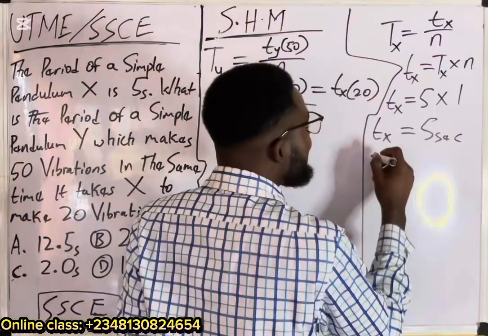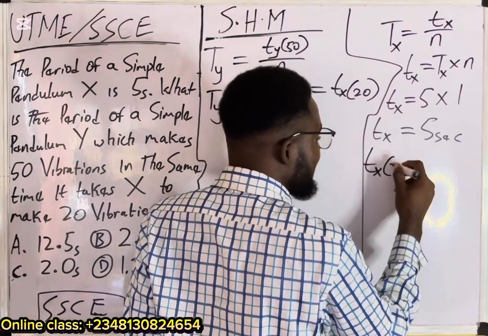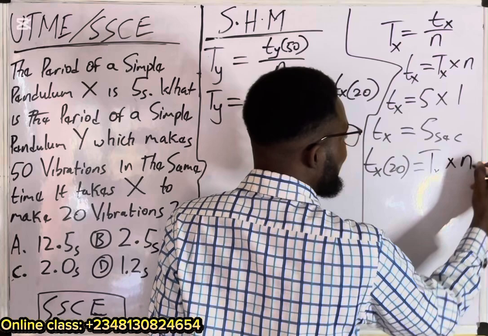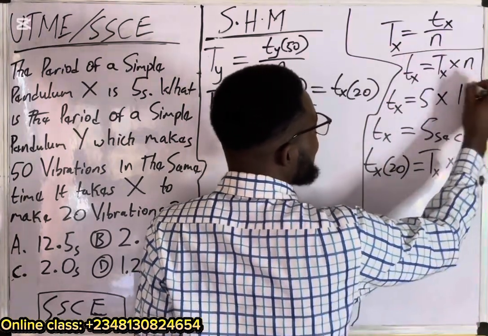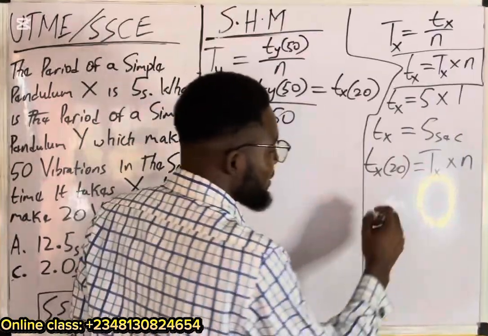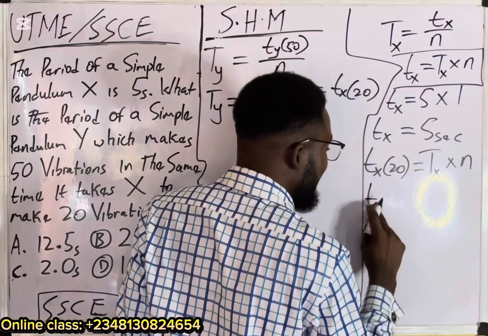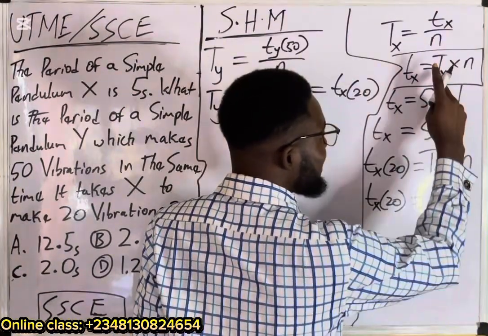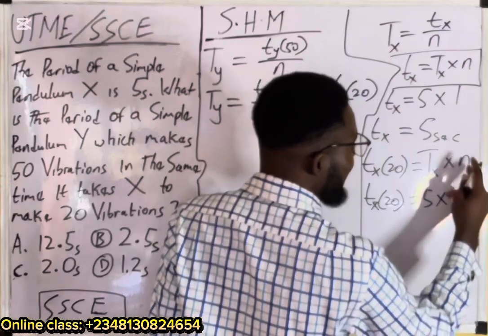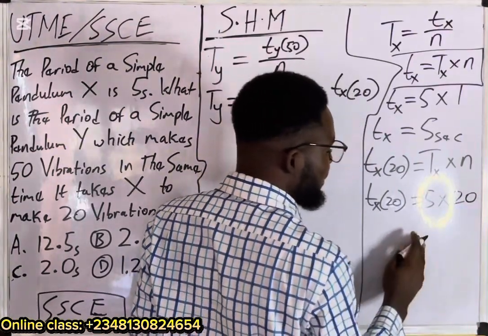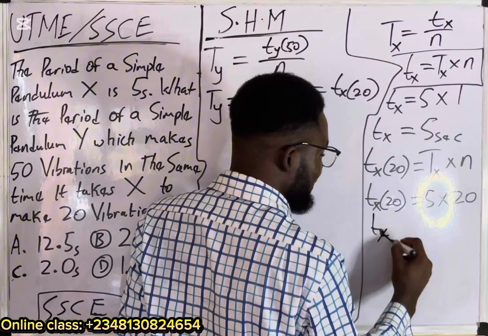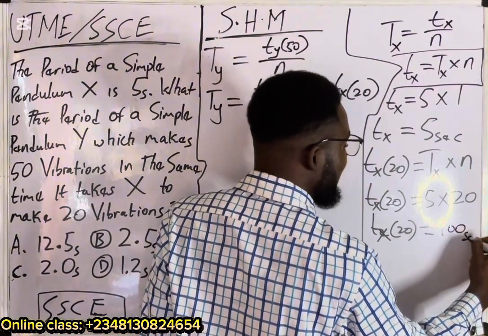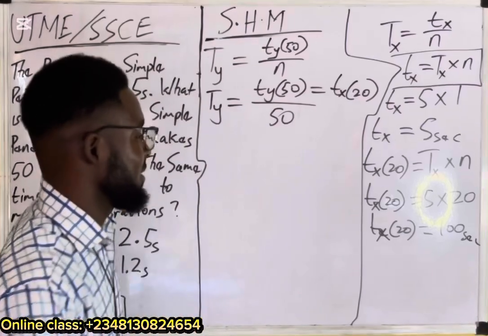Now, the time taken for 20 oscillations for X will be equal to the period times the number of oscillations from this equation. So the time taken for X for 20 oscillations is equal to the period for 1, which is 5, times the number of oscillations, 20. So the time taken for X for 20 oscillations is 100 seconds.